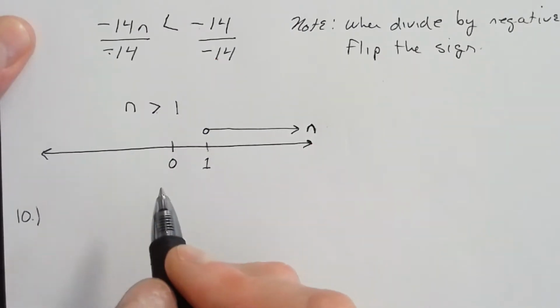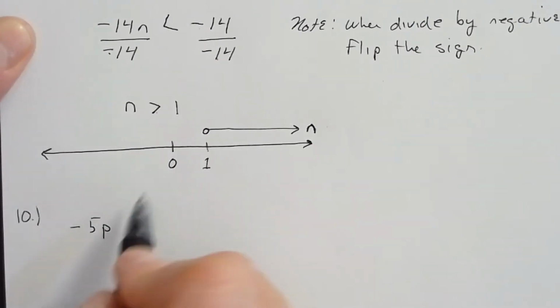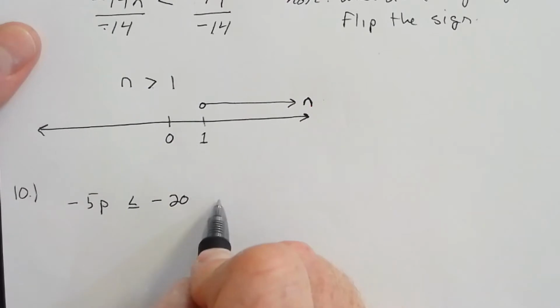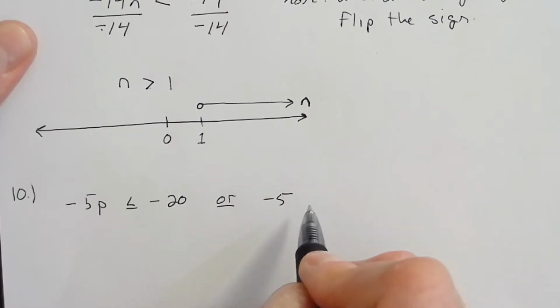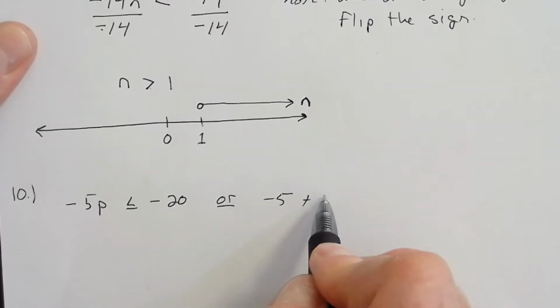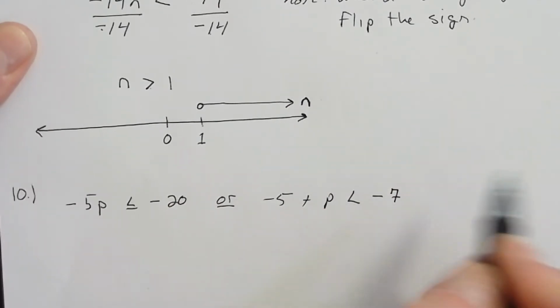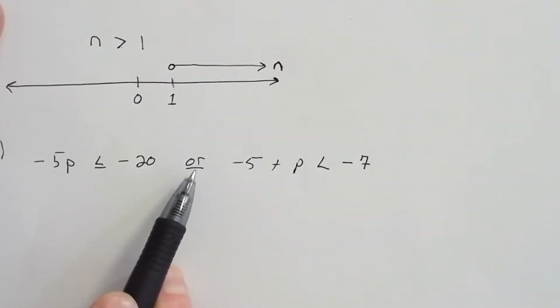So number 10 is going to be minus. So this is a compound inequality because it's an OR case. Remember we did the AND and the OR?